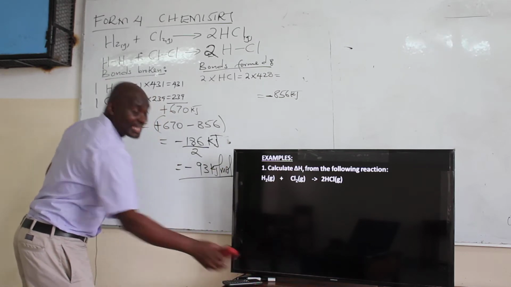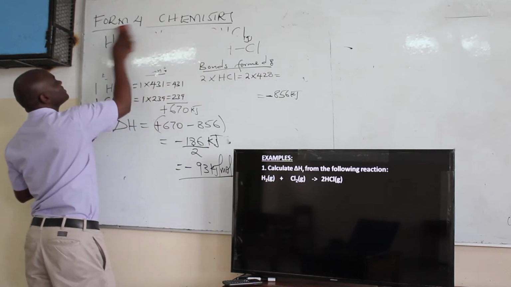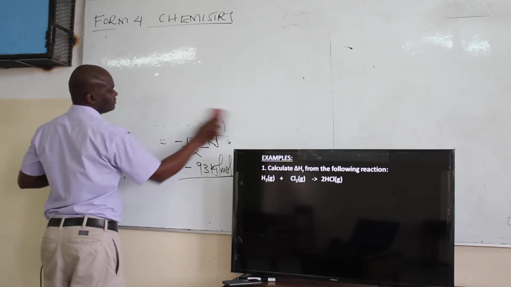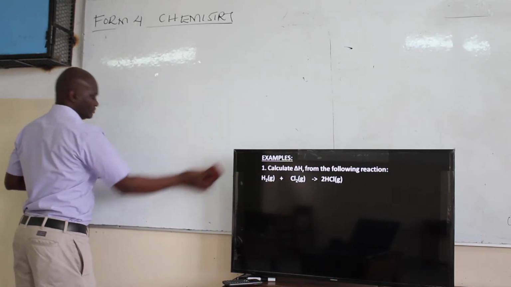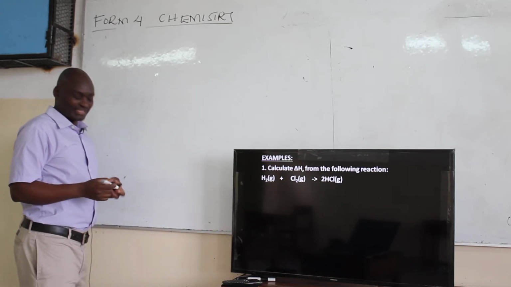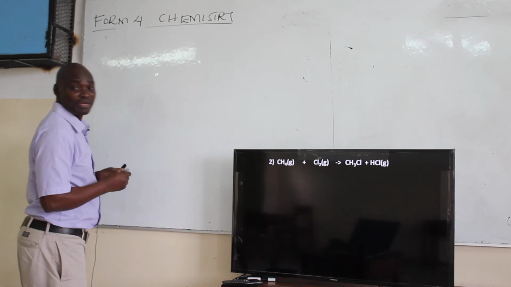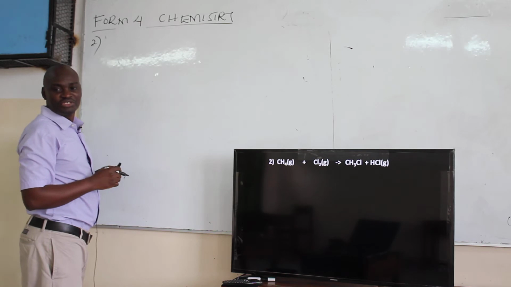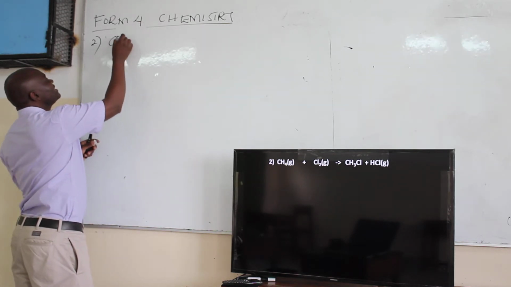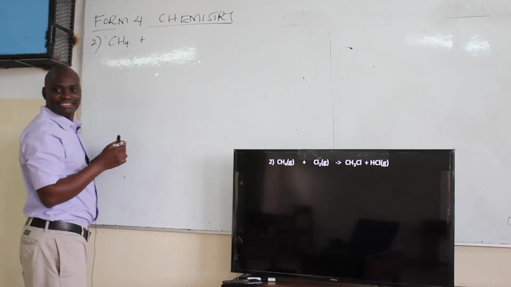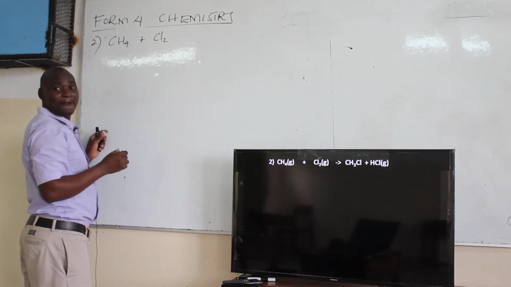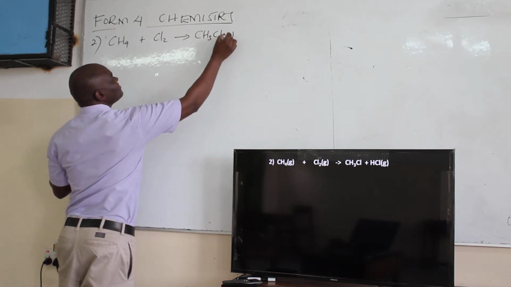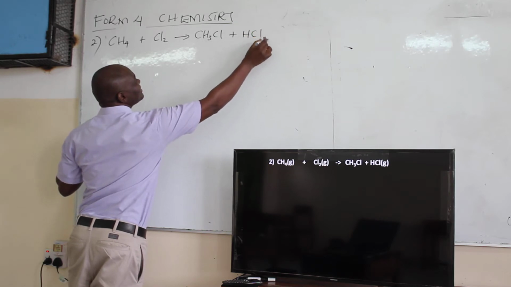Now let's look at our second example. In our second example, which is number 2, we are told to calculate the heat of a reaction involving CH4 plus Cl2 to give CH3Cl plus hydrogen chloride.